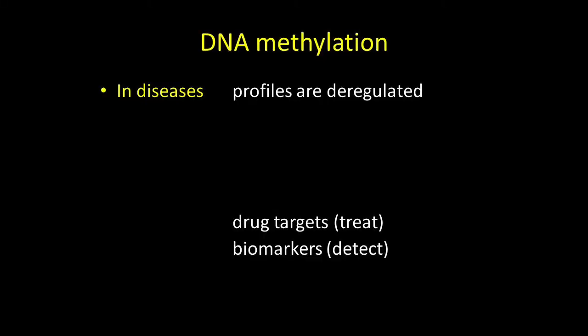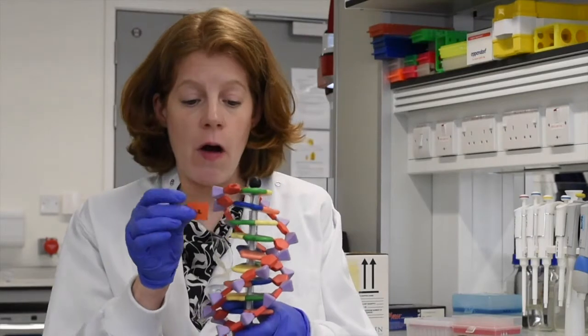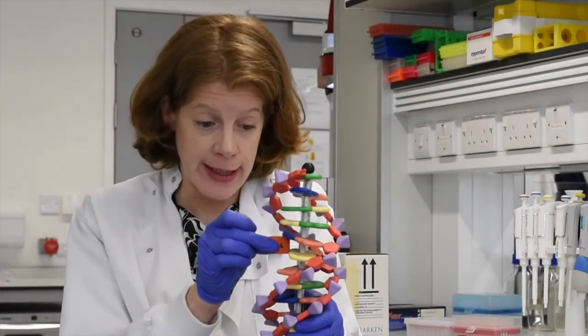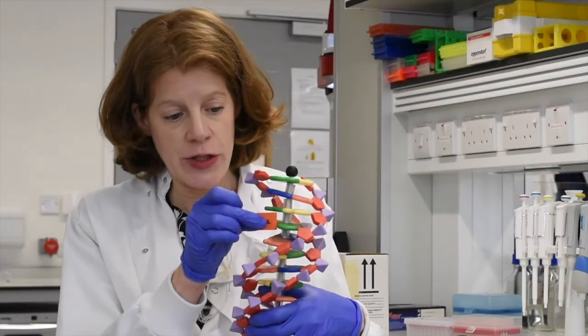We know that in disease these profiles of DNA methylation are completely perturbed. It is very important in cancer biology, and I'm a cancer biologist by training, to look at where these marks are, because based on the profile of a genomic DNA methylation signal, we can first identify what type of tumor we are facing.